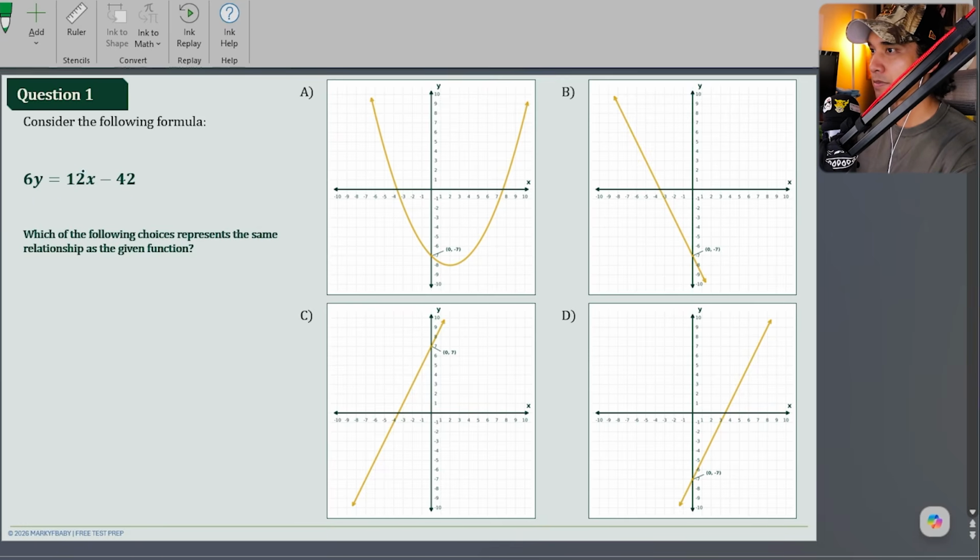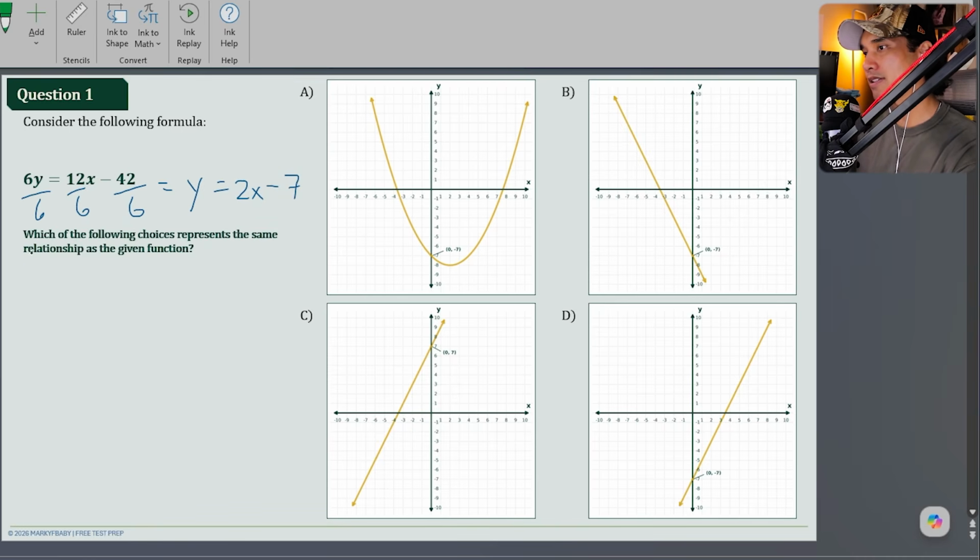We want to simplify this, and that is 6. 6 can be divided into each term. That leaves us with y, because 6 divided by 6 is 1. 12 divided by 6 equals 2, that's 2x, and then minus 42 divided by 6, that is 7, so we have a negative 7.